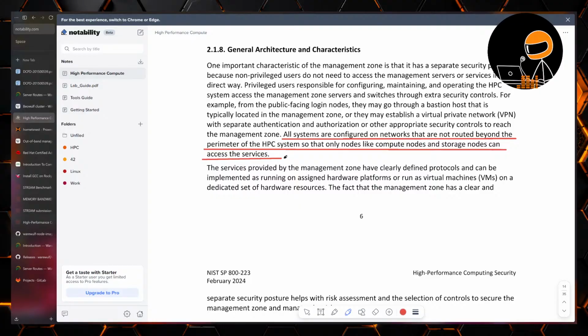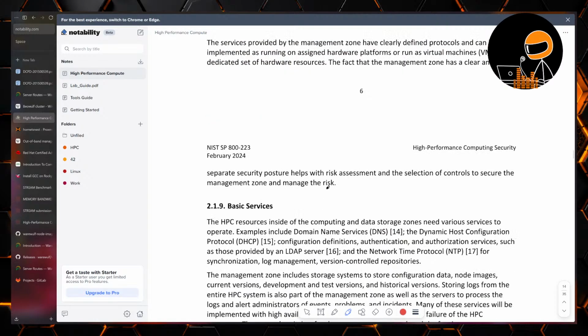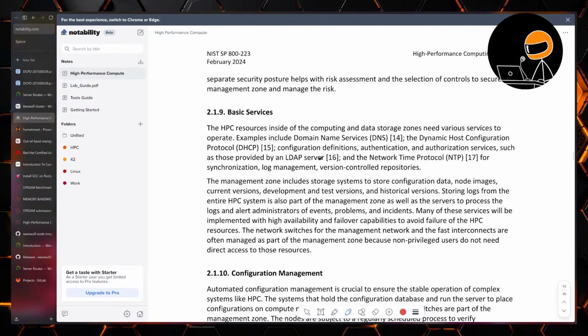Okay, the services provided by the management zone have clearly defined protocols and can be implemented as running on assigned hardware platforms or as virtual machines on a dedicated set of hardware resources. The fact that the management zone has a clear and separate security posture helps with risk assessment and the selection of controls to secure the management zone.